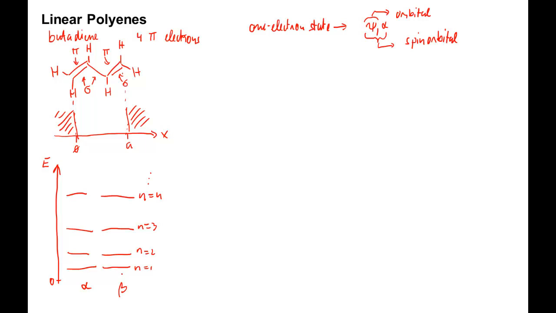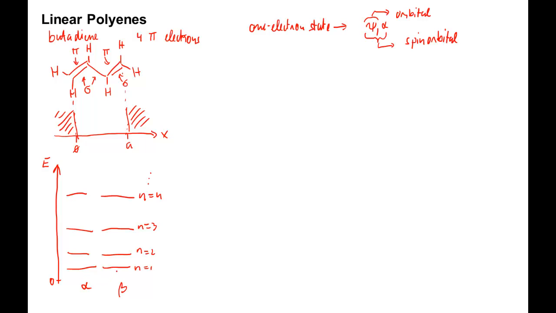Now, armed with this diagram and the Pauli exclusion principle, we can put the 4 pi electrons from butadiene into the box. We are interested in the ground state, the state of lowest overall energy, so we put the electrons in one by one into the lowest available one-electron states. The first electron goes into either psi1 alpha or psi1 beta.